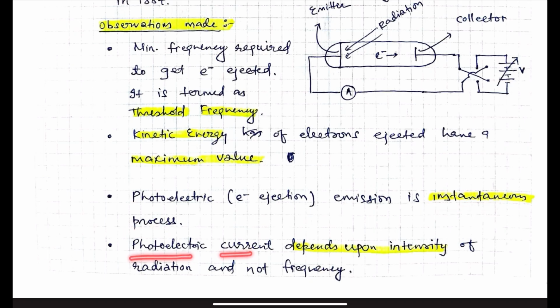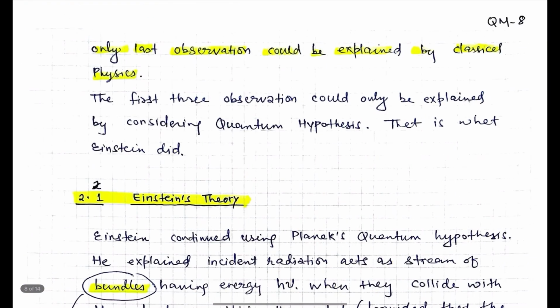And fourth, photoelectric current depends upon the intensity of the radiation and not on the frequency. Out of these 4 observations, only the last could be explained by classical physics, and the rest were not explainable. The first 3 observations could only be explained by considering the quantum hypothesis.